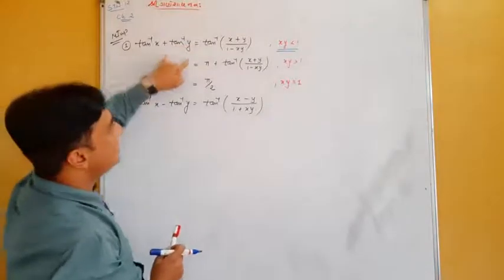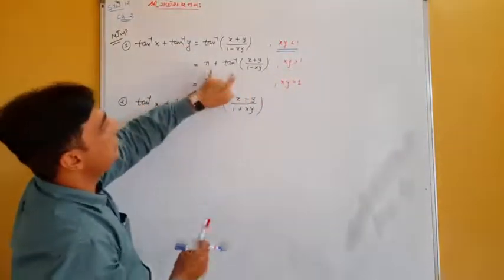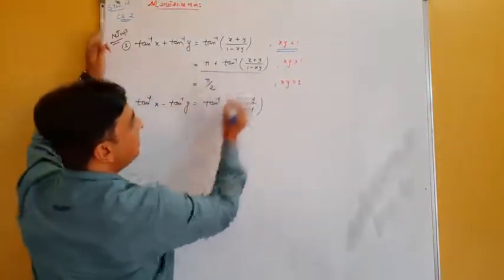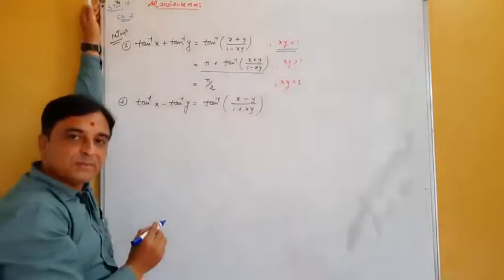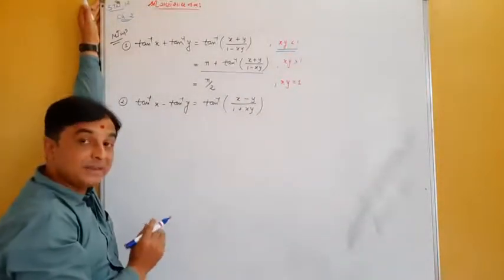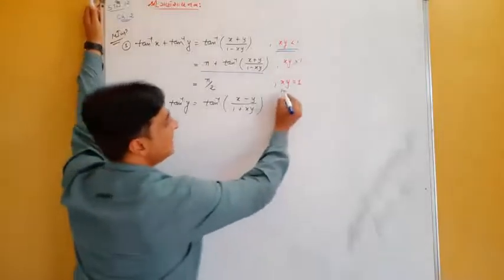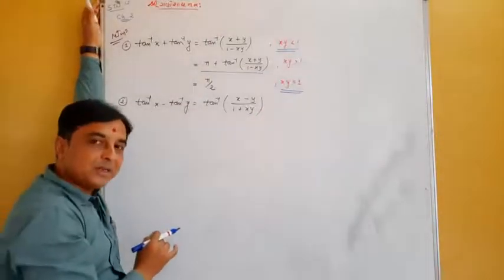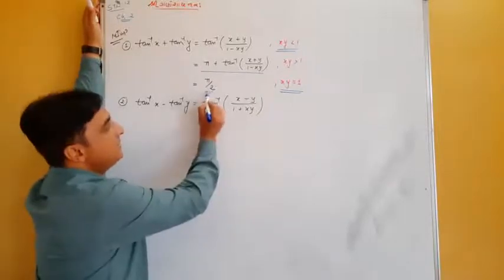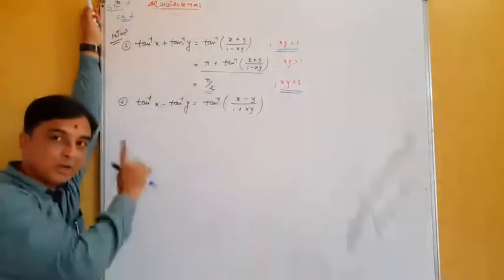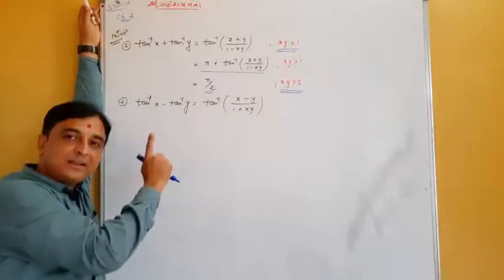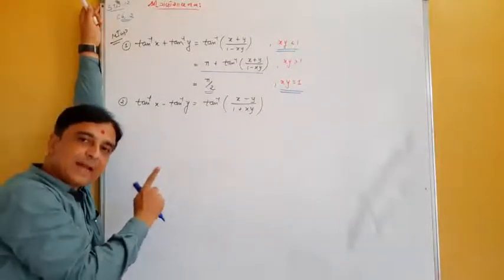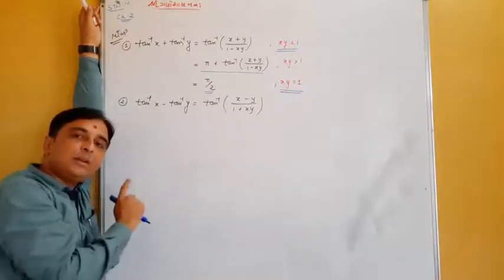If this product is greater than 1, then we have to use this formula: pi plus tan inverse of (x plus y) upon (1 minus xy). And for xy equal to 1, meaning the product is 1, the answer will be pi by 2. For addition, we have to check the product of x and y, and using that product we have to use the appropriate formula.